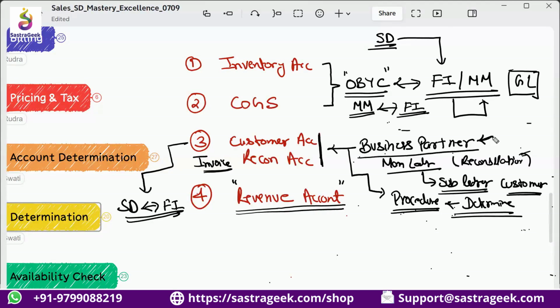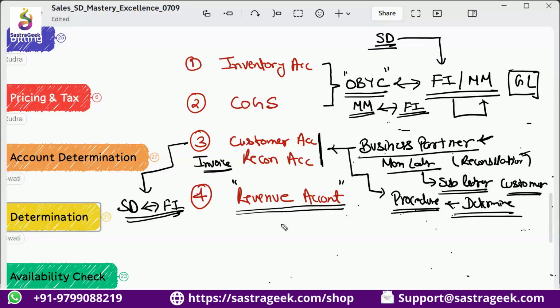FI team, because this is maintained in the FLVN00 role. The FLVN00 role, we use it at company code level, and the finance team is responsible for it. So the major responsibility comes to this revenue account.